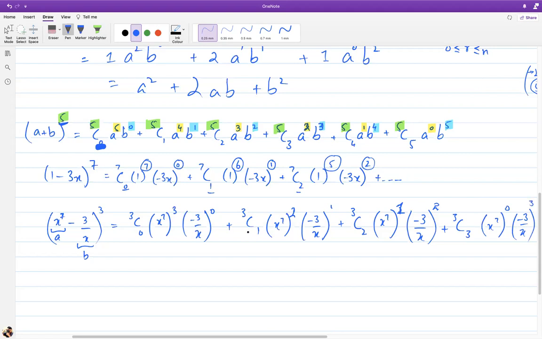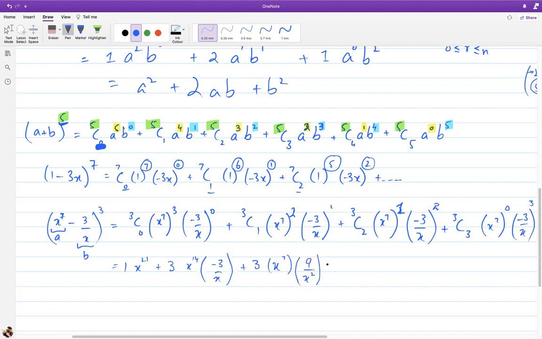All right. So you will then obviously use some algebra. 3c0, you get the values. So this is going to become x to the power 21, plus 3c1 is 3, x to the power 14 times minus 3 over x, plus 3c2 is 3 again, x to the power 7 because that's power 1 here, into 9 over x squared.